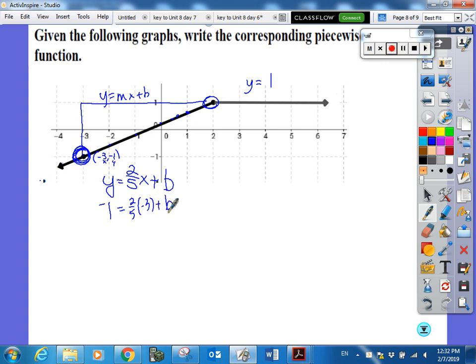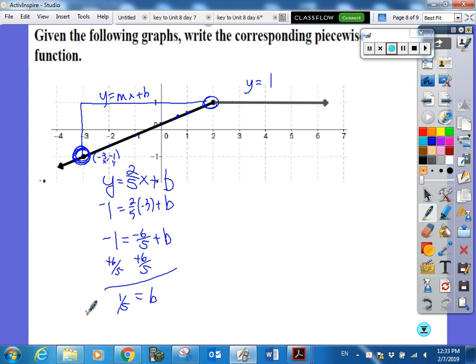Make sure your b doesn't turn into a 6. Mine's kind of looking like a 6. So -1 equals -6/5 plus b. Add 6/5 to both sides. And 1/5 equals b.